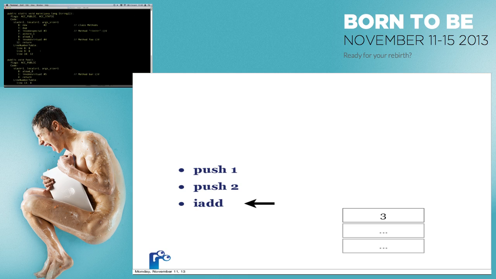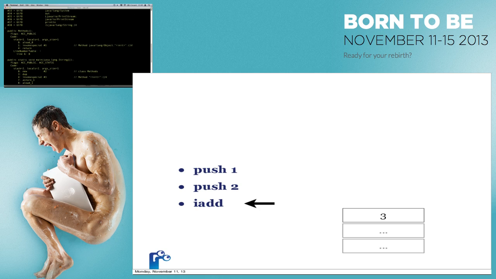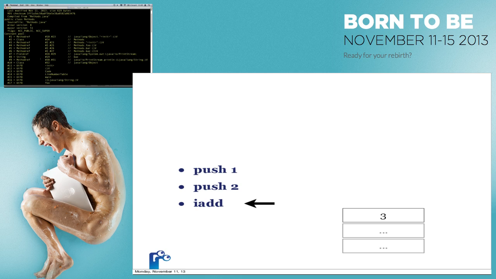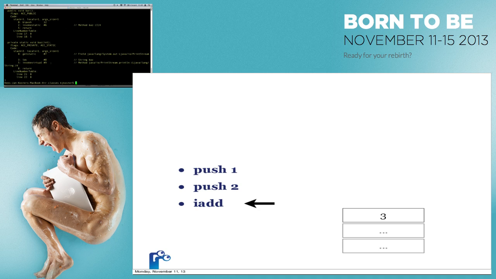So let's find the baz method, which is the one that we changed. It's here. No. By default, javap doesn't show private methods. You have to add dash private, thank you.